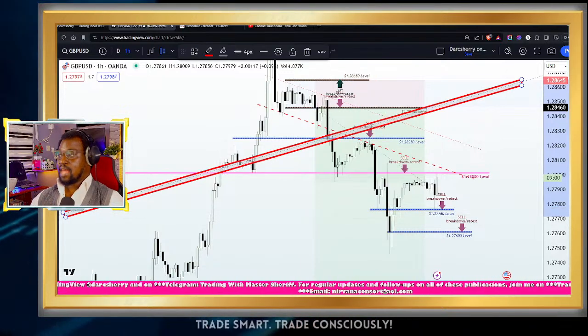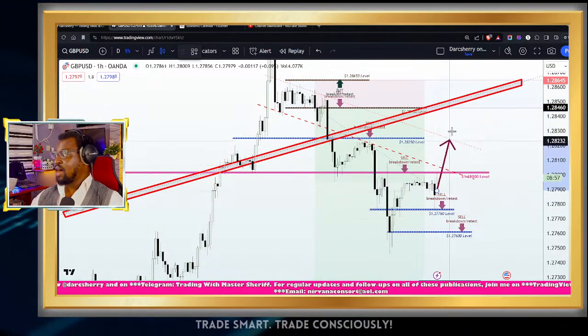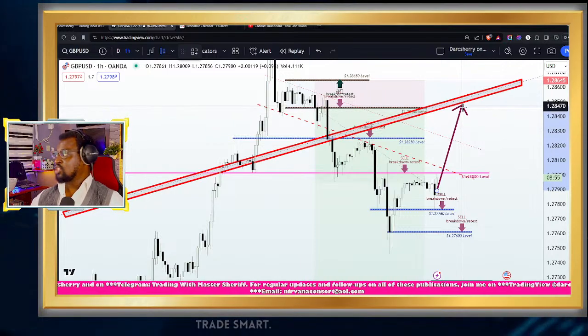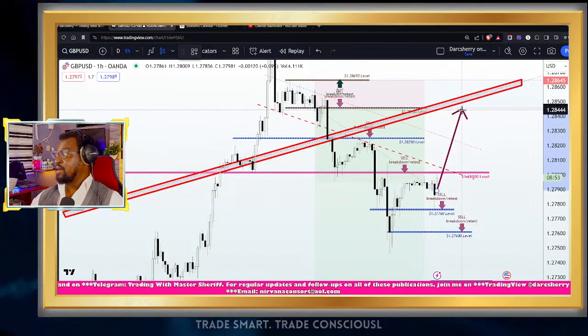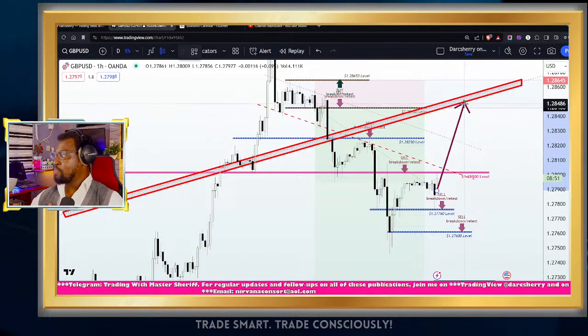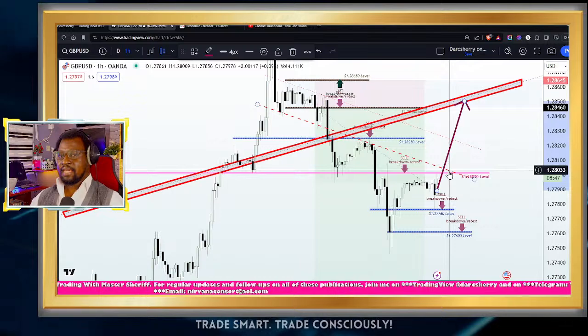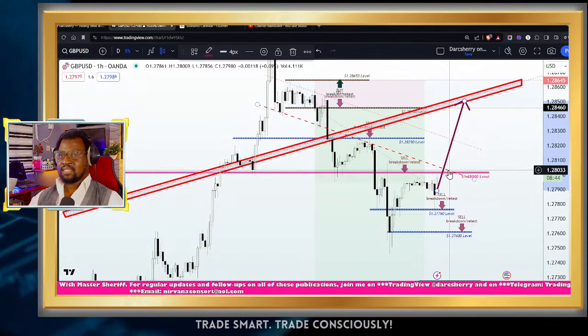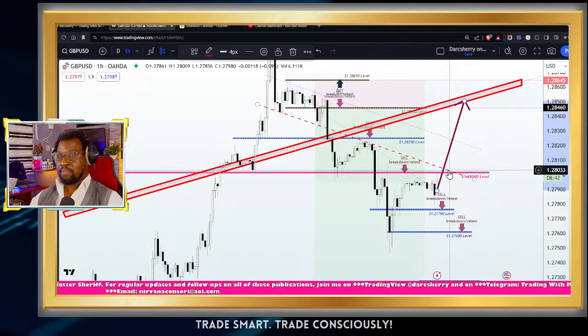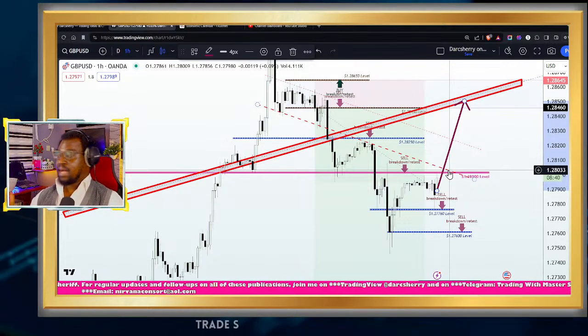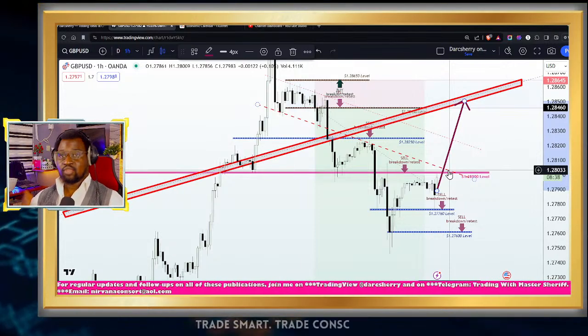Now if price continues to climb, as soon as it gets into that area around the 1.284 and 1.285 area, we have to move all our stop losses, secure the current buy position, and wait to see how the market is going to react to that trend line.